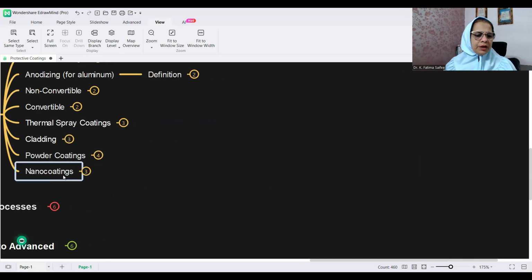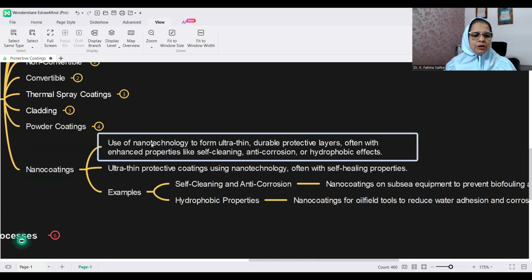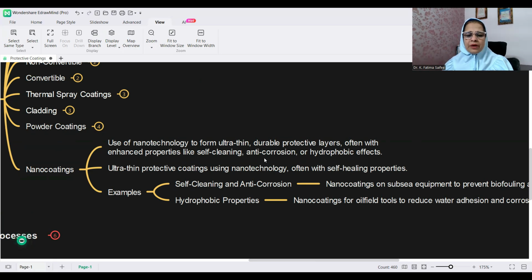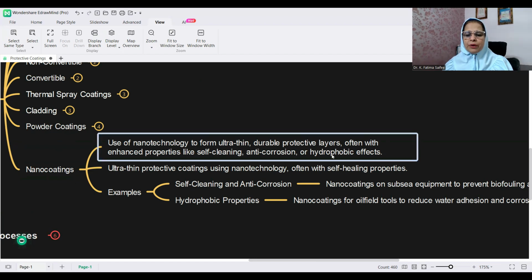Next is nano coating. Nano coating is the use of nanotechnology to form ultra-thin durable protective layers, often with enhanced properties like self-cleaning, anti-corrosion or hydrophobic effects. Anti-corrosion is very clear, self-cleaning is also very clear, and hydrophobic effect means it repels water molecules or water particles.